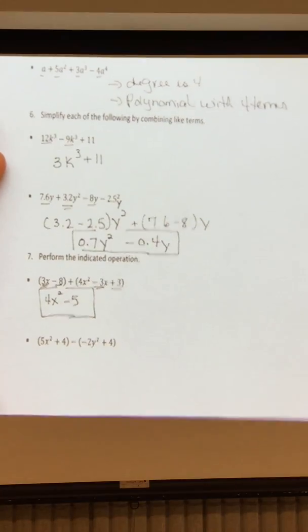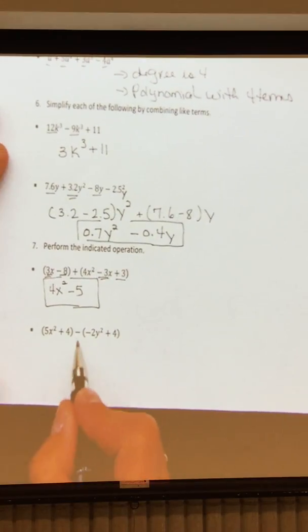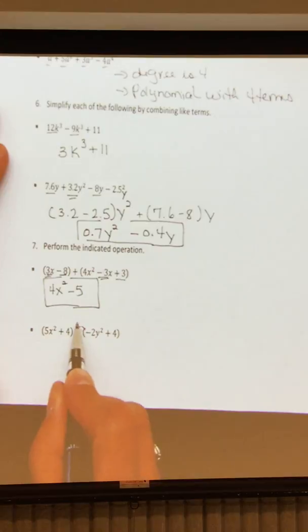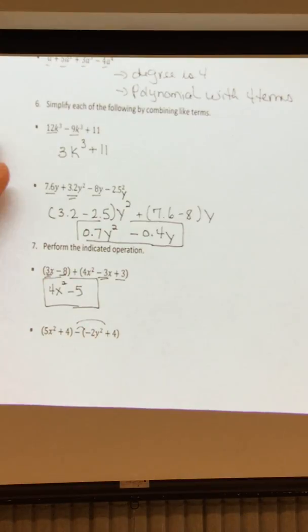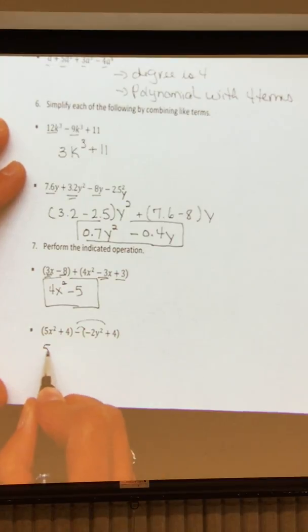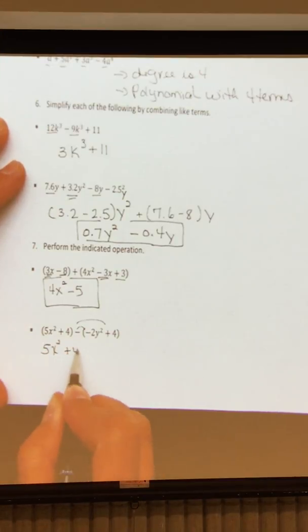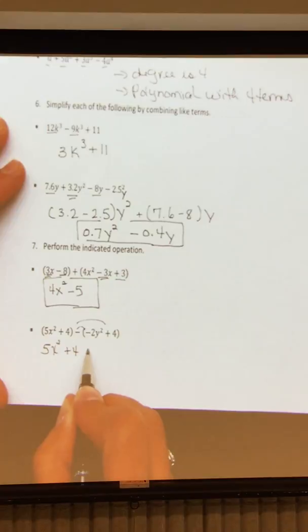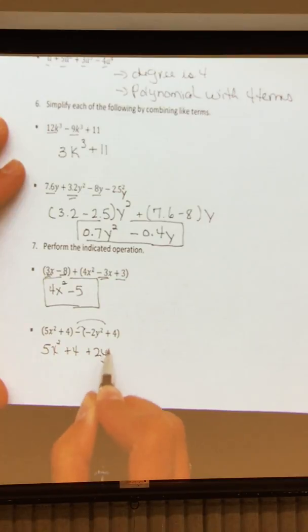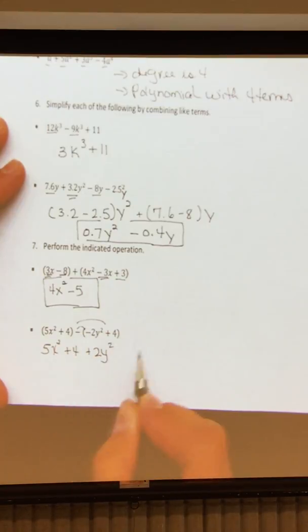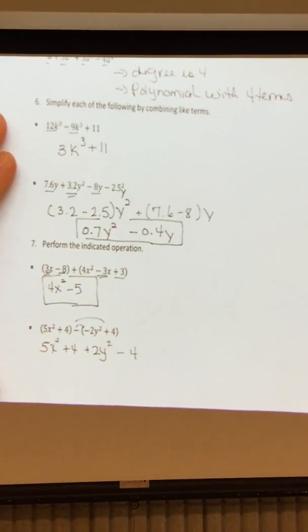And the last one here, again, you have a negative, which means you have a subtraction. So the best thing to do is to distribute that negative. So we have 5x squared plus 4. Negative times a negative is a positive, 2y squared. And a negative times a positive is a negative 4. Now let us combine like terms.